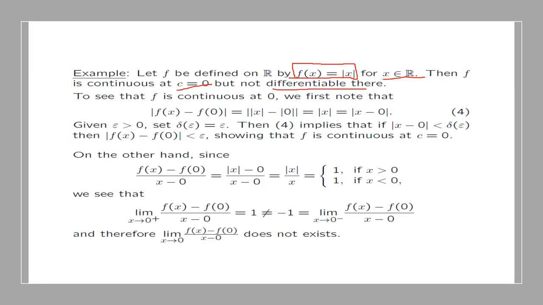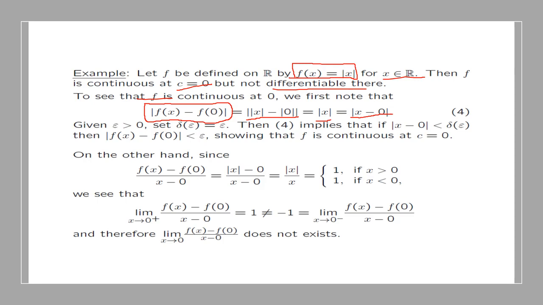For continuity, we first note that if you write down the distance between f of x and f of 0, that will be the magnitude of the difference between the absolute value of x and 0, and that will simply give you the magnitude of x, which can be written as the magnitude of x minus 0.